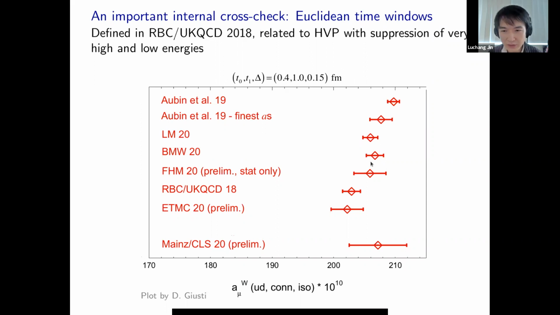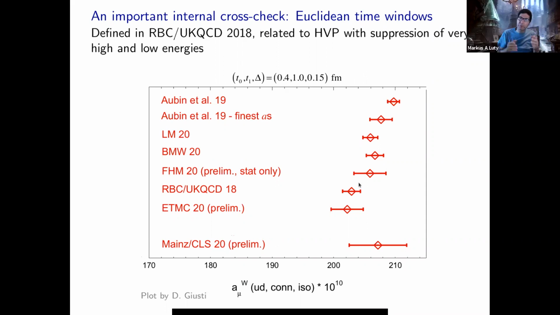But for this window, it doesn't seem that it's much more precise than other points, in particular the RBC point. The reason is that the BMW value here is mostly from their estimation of the systematic error. I mentioned before that the long distance part really has a lot of statistical errors, but systematic error wise it is less clear. So BMW somehow estimate a larger systematic error for the window.